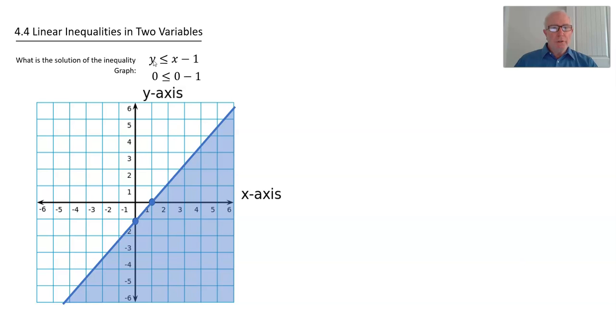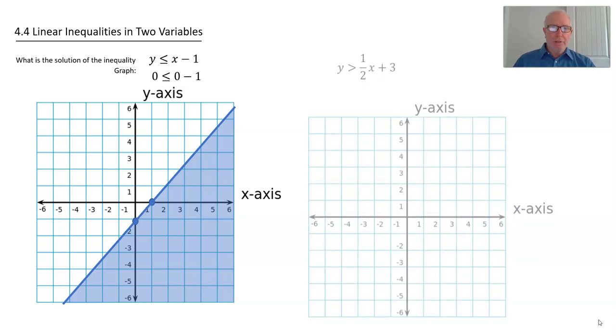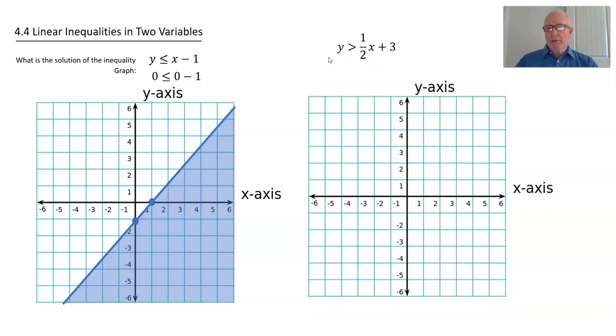So when we're in the slope-intercept form, less than is going to shade below the line, greater than would shade above the line. So here's an equation with a greater than. Y is greater than 1/2 x plus 3. The y-intercept is 3, so we're going to plot that.